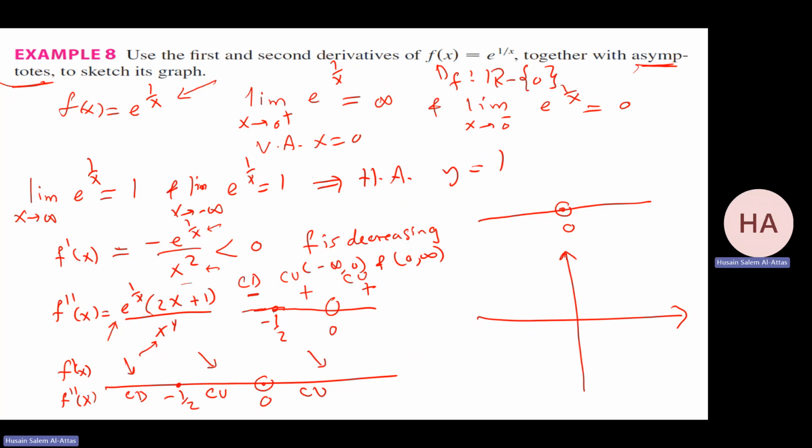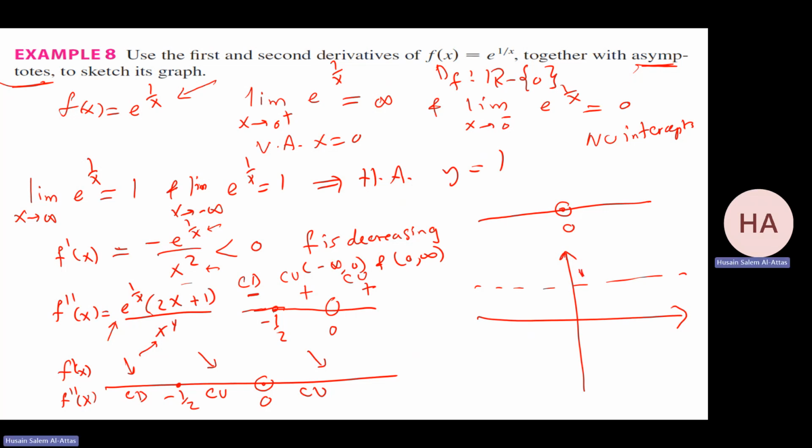No intercepts. So I need to do the asymptotes. I have a horizontal asymptote, y equals 1.